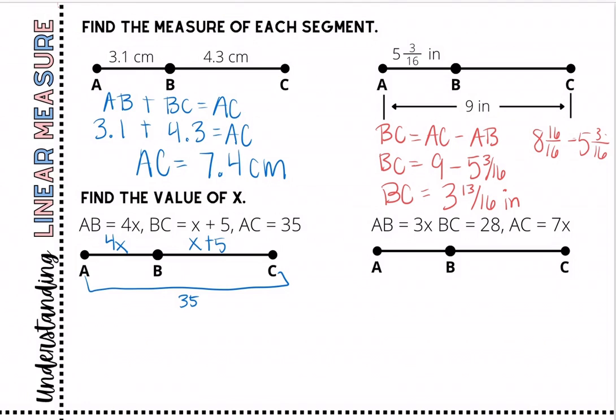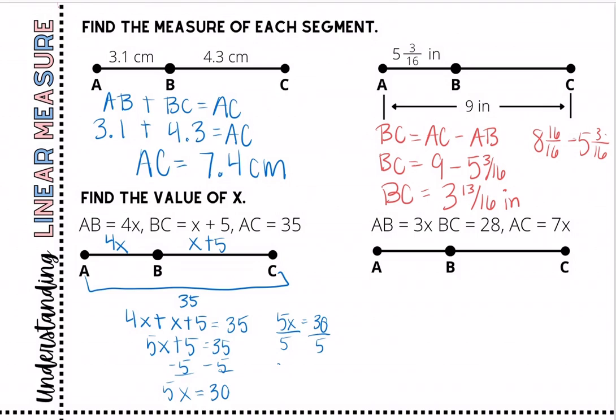We apply the same relationship: 4x plus x plus 5 is equal to 35. So 4x plus x is 5x, plus 5 is equal to 35. Then I subtract 5 on both sides. 5x equals 30. I divide by 5, and x equals 6.